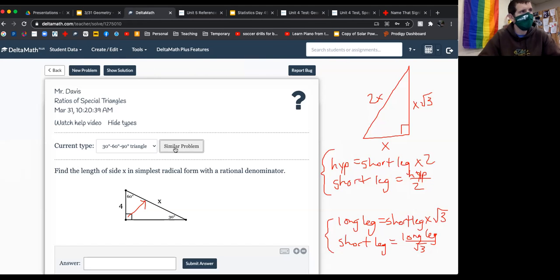All right, so if you like having formulas available for you, that's on the reference as well. And you really pick one or the other. You have to decide which kind of equation you're going to use. This is going to be ones that involve the short leg and the hypotenuse.